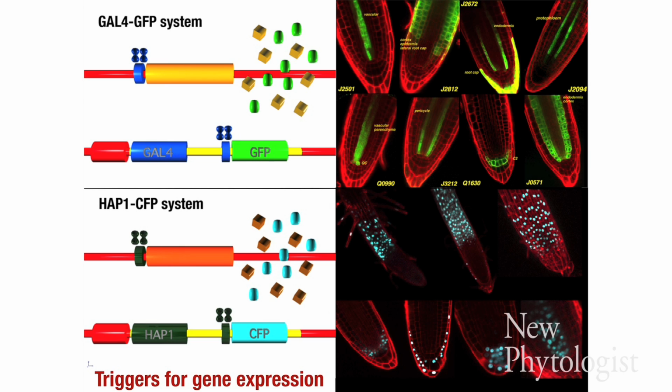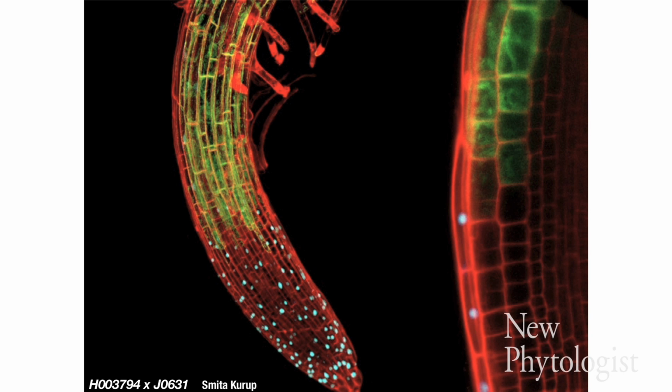And so you can develop individual lines of plants which can turn on genes at particular times and places during development, which can be really very specific. The two systems are orthogonal, so you can put them together. This is one example, an Arabidopsis plant, a root, where these cells at the very tip on the outside of the plant root are expressing this HAP1 protein, and therefore expressing the cyan fluorescent protein.